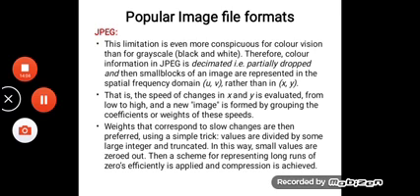Therefore color information in JPEG is decimated, that is partially dropped, and then small blocks of an image are represented in the spatial frequency domain, rather than x and y.